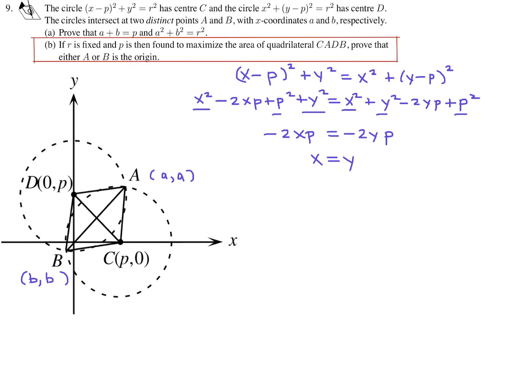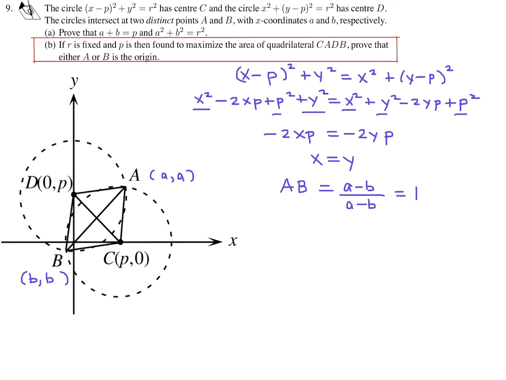Now what I want to do is I want to concentrate on these two lines right here. The first line is from A to B, and the second line is from D to C. Okay? Now first let's figure out the slope of A to B, that line right there, from there to there. Well, that's pretty straightforward. Rise over run. The rise is going to be, let's see here, A minus B. The run is A minus B, and that slope is 1.